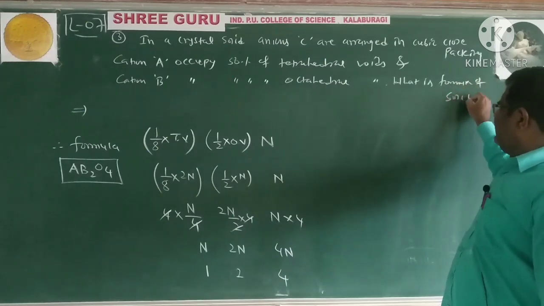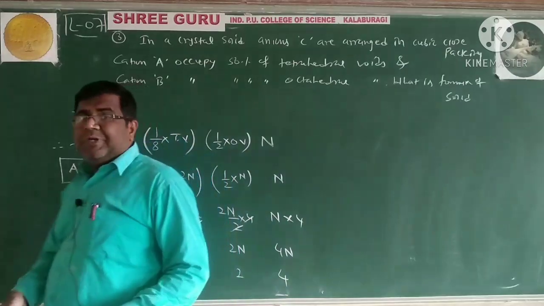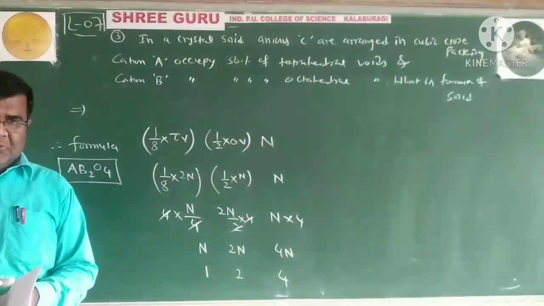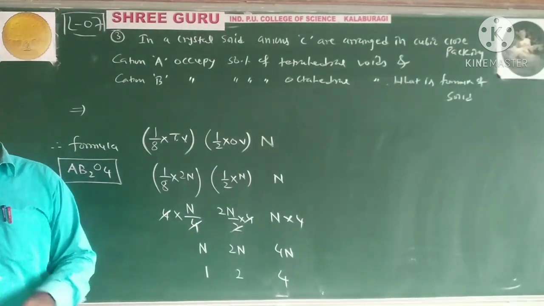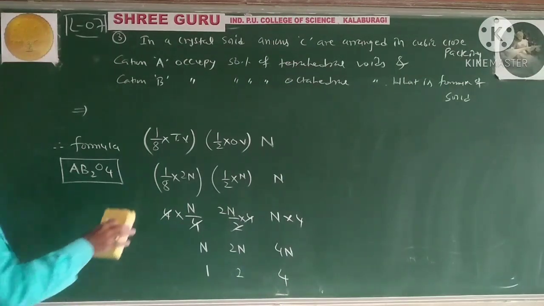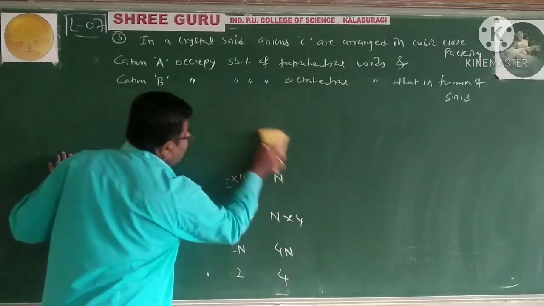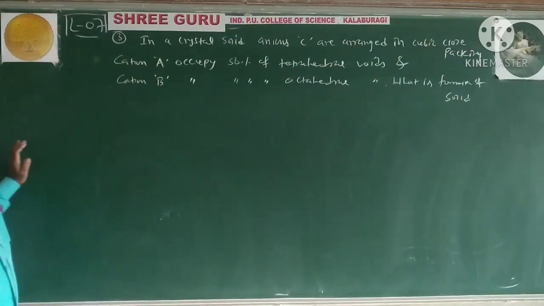How can we calculate the formula of the solid? The formula of a solid is nothing but the formula of the unit cell, which is the ratio of atoms and voids, given in this question. So we have A, B and C, and I have to calculate their exact ratio.